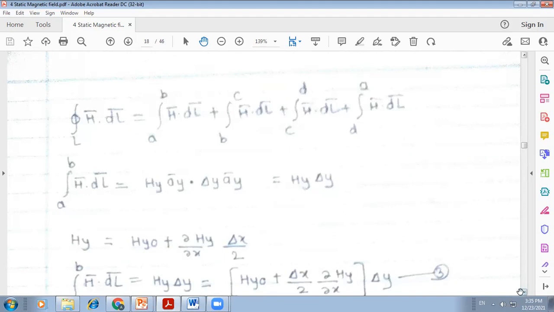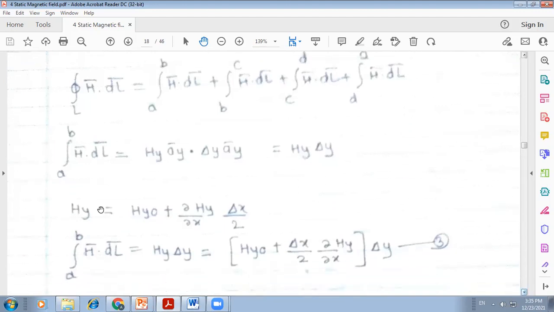Now we have seen in the first section, while solving the point form of Gauss law, how these terms are coming. So this constant term hy can be written as hy0, which is at the center of that loop.